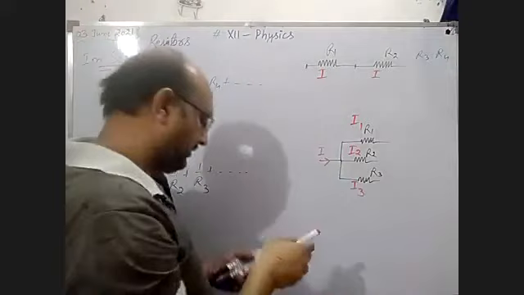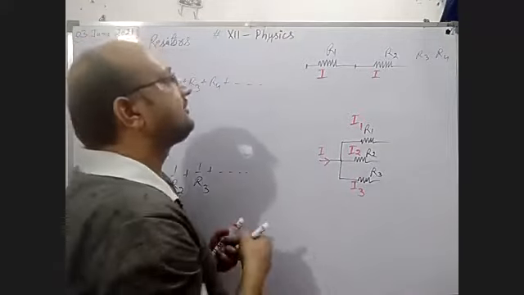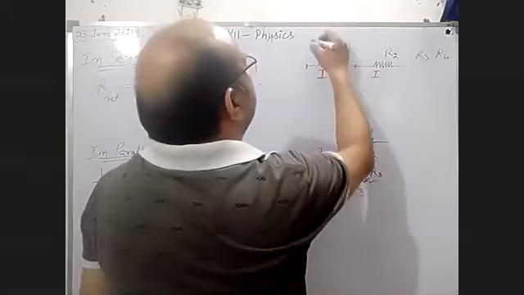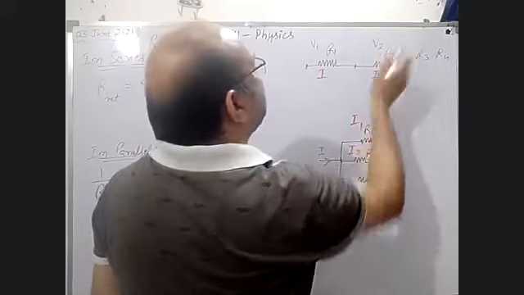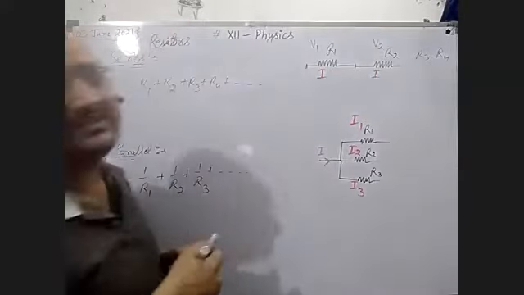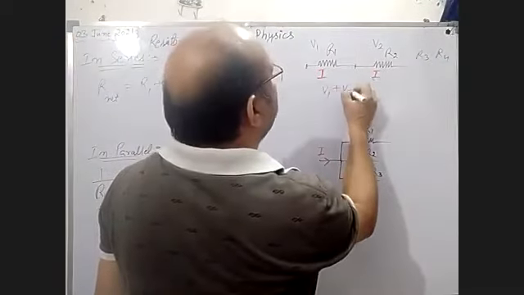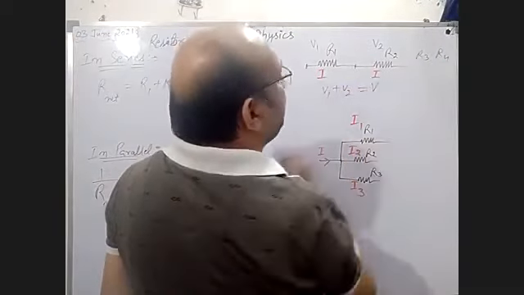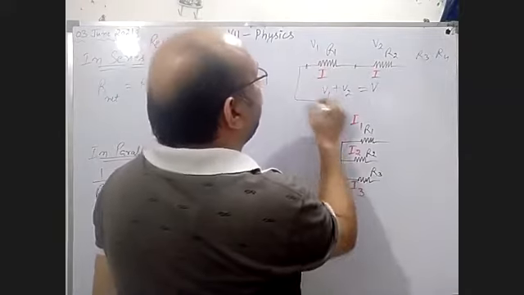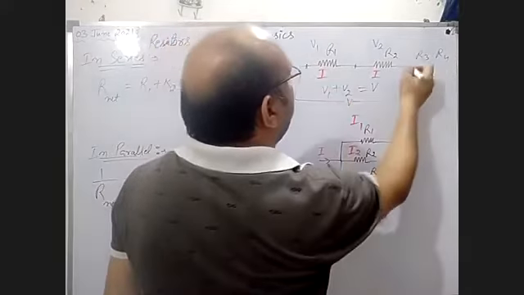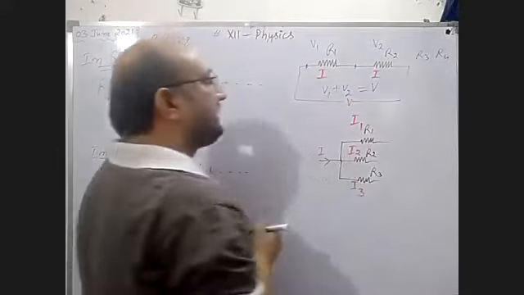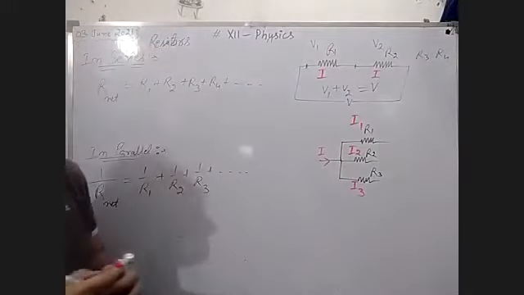In series, the value of voltage is different at different resistors, and the combination of these voltages will be equal to the voltage which we are applying in this series circuit.